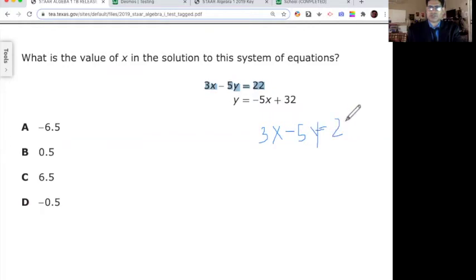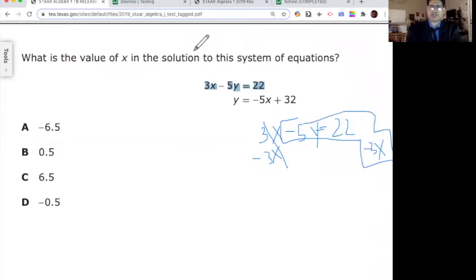And what I'm doing is I'm going to take 3x from both sides. So I'm going to cancel out that 3x. That 3x cancels out. I'm left with this part of the equation.